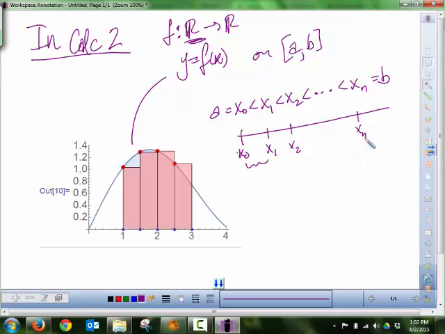In this case, we partition it into n different partitions. The size of our interval we denote as delta x, and delta x is essentially the length of the original interval divided evenly into n partitions. That becomes our delta x, and that becomes our base of the rectangles.